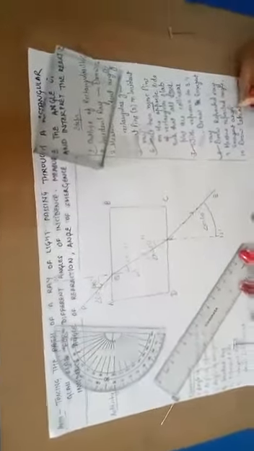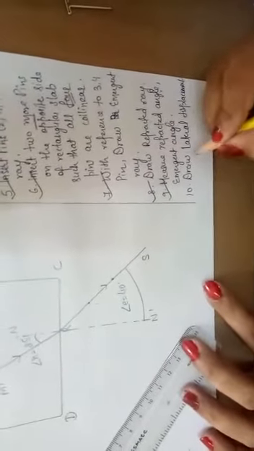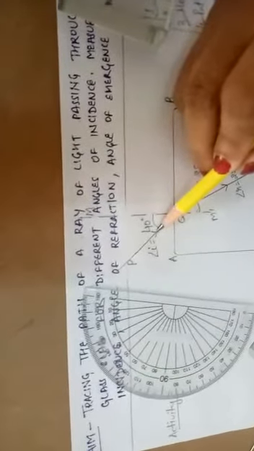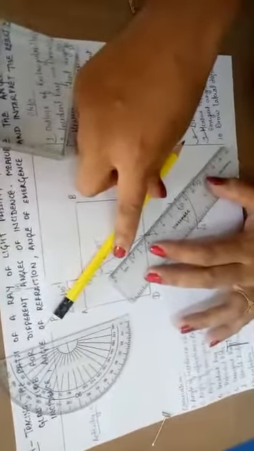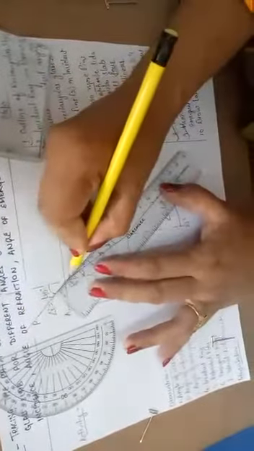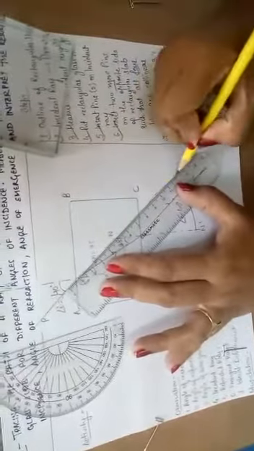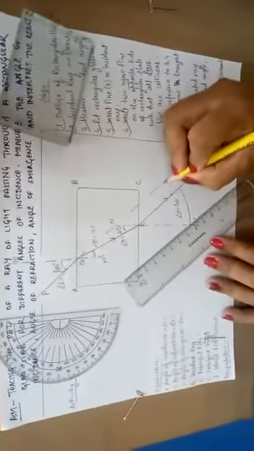So measure refracted angle, emergent angle we have measured. Number 3rd is draw lateral displacement. So here just observe, this one is incident ray, understood? And here this is emergent ray. But you are observing that these two lines are not parallel. Okay, so here we are extending this. Okay, so extended incident ray and emergent ray, they are parallel to each other.